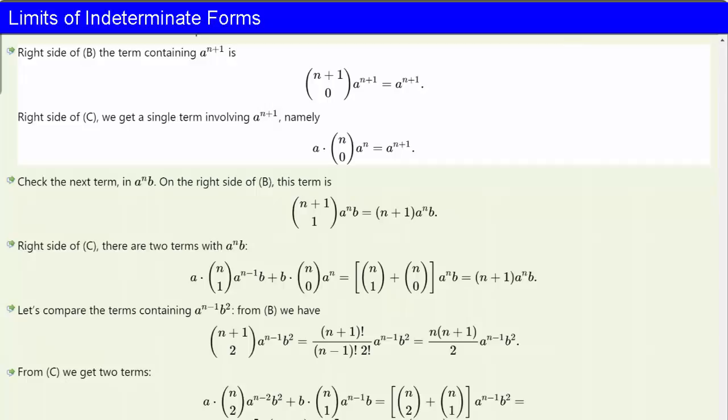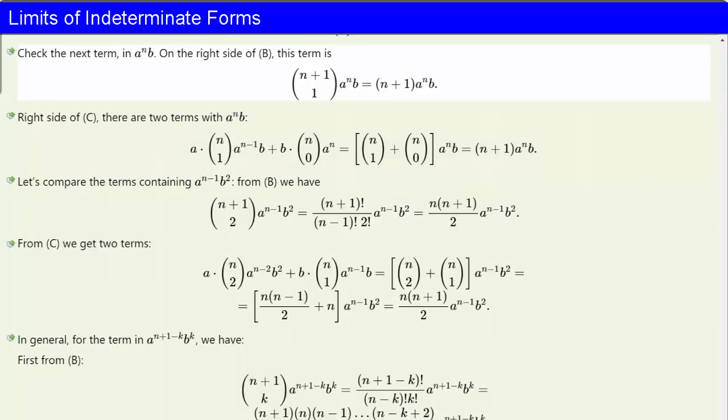It's just (n+1 choose 0) times a^(n+1), and that's just 1 times a^(n+1). On the right side of C, you get a single term involving a^(n+1), namely a times (n choose 0) times a^n. (n choose 0) is 1, so again we get 1 times a^(n+1).